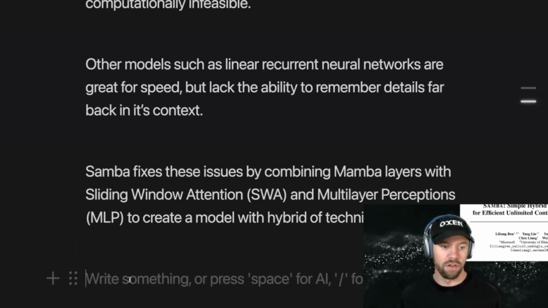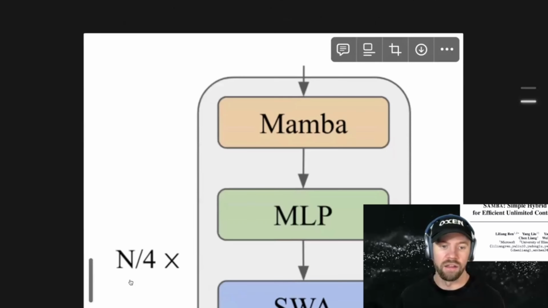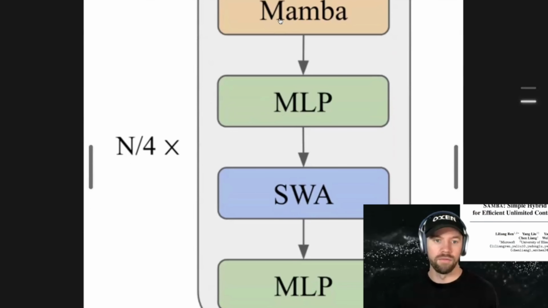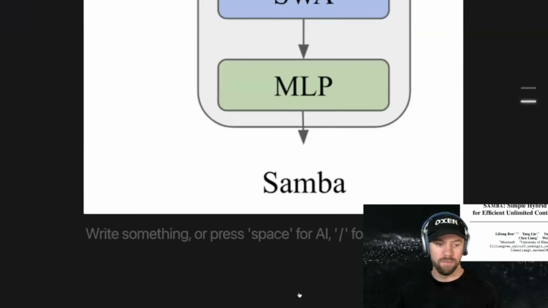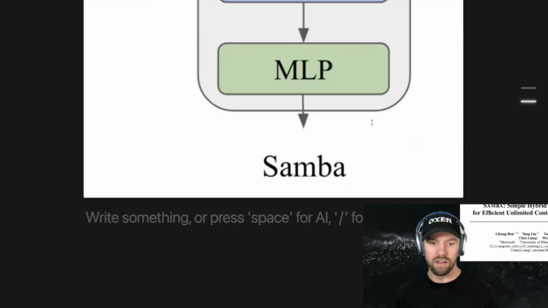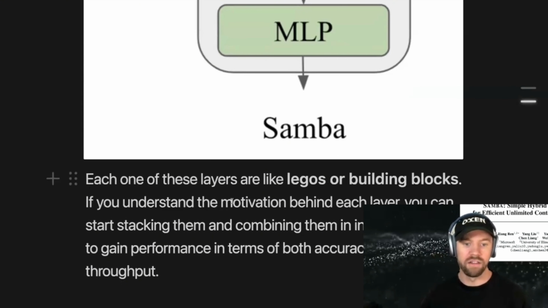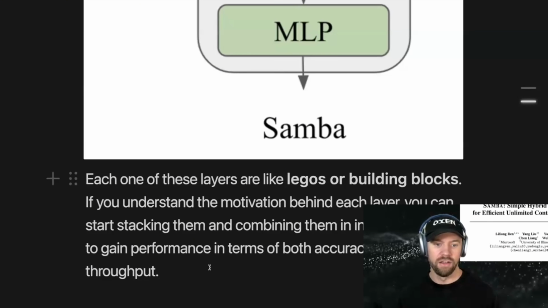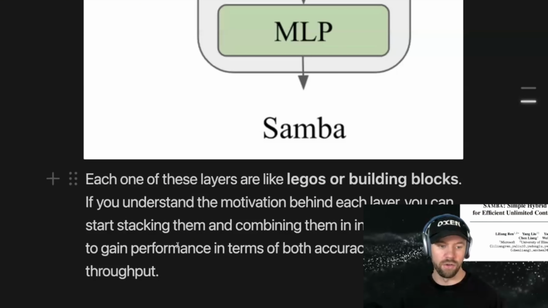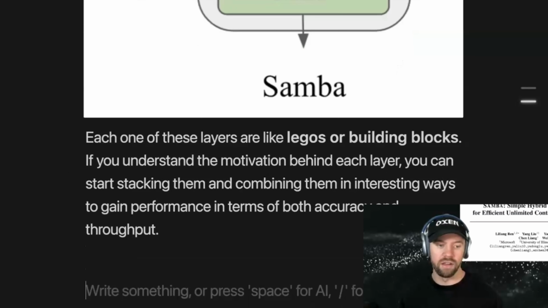So at a high level, you can think of Samba as these four building blocks that we're putting together: Mamba, MLP, sliding window attention, MLP. If you start to understand these as building blocks and the motivation behind each layer, we can see how this leads to a gain in performance in both accuracy and throughput.